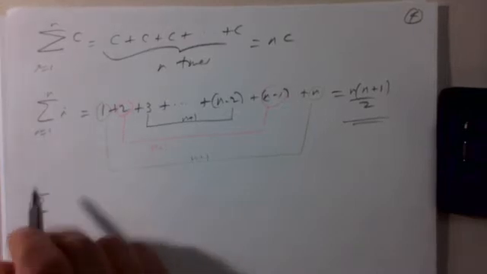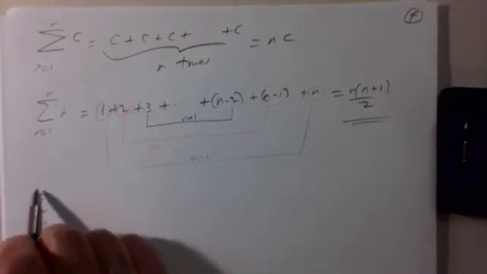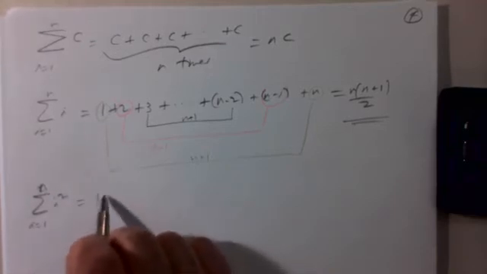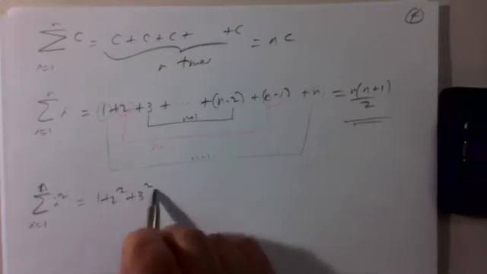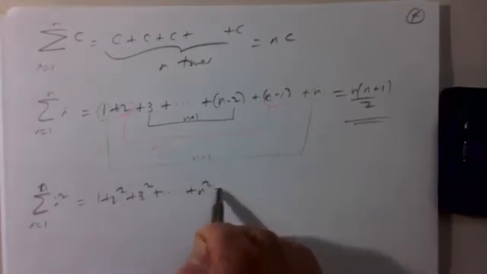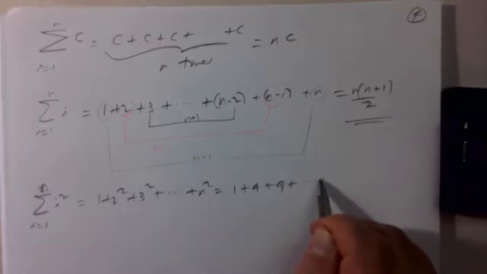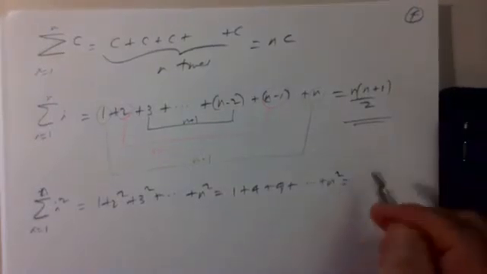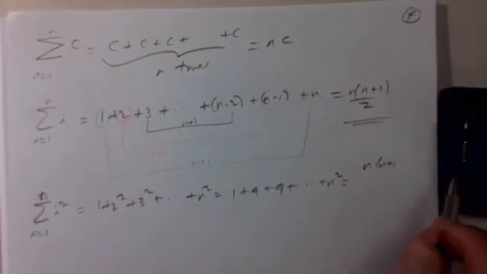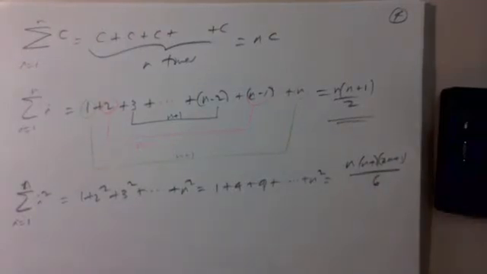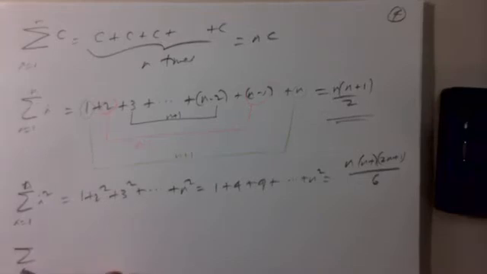And there are also formulas for the sum of the first n squares. This is 1 plus 2 squared plus 3 squared up to n squared. That's 1 plus 4 plus 9 up to n squared. And this is n times n plus 1 times 2n plus 1 over 6. It's important to see this at some point. You're not going to have to memorize them, but it's important to have seen them because we're going to use them.